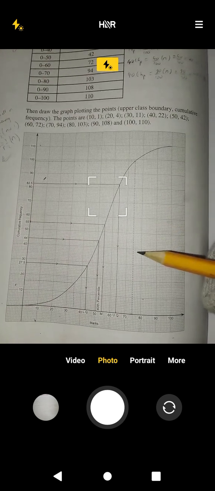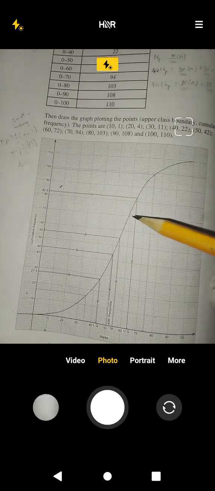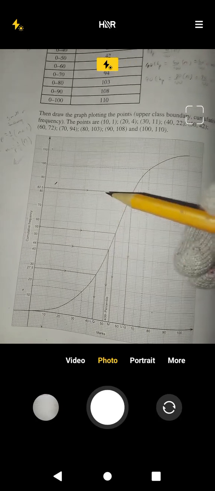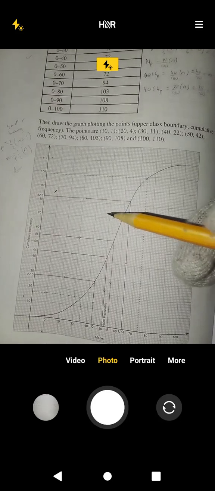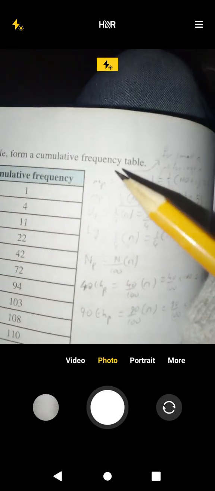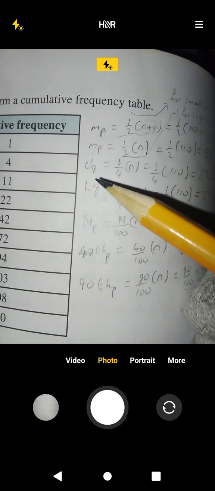Okay, then our cumulative frequency diagram is complete. We now consider the median, upper quartile, lower quartile, and percentiles. To find the median, we first find the median position.